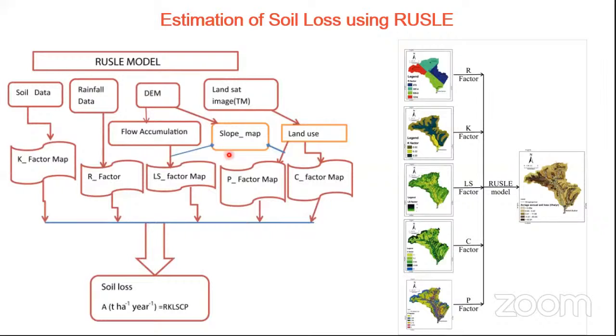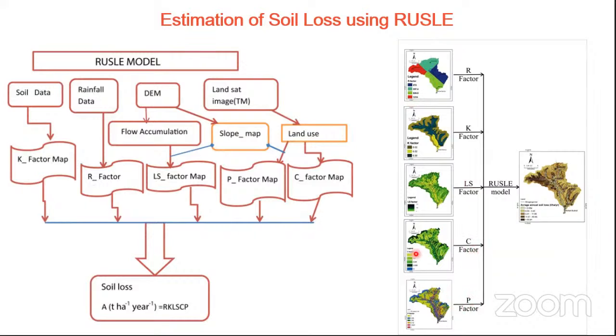One of the case studies I performed was estimating soil loss using RUSLE. RUSLE is a formula to estimate soil loss, and the full form of RUSLE is Revised Universal Soil Loss Equation. If you are using RUSLE, you have to create a variety of maps like R factor, K factor, LS factor, C factor, and P factor.